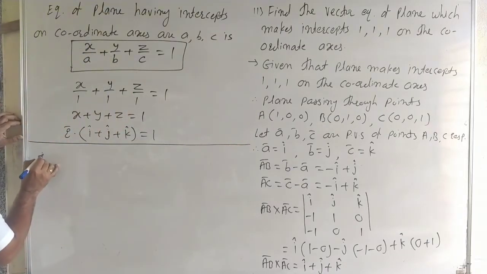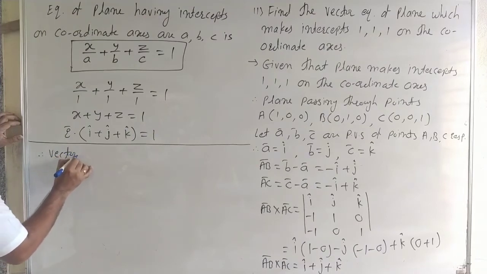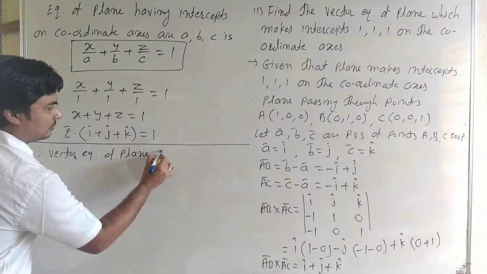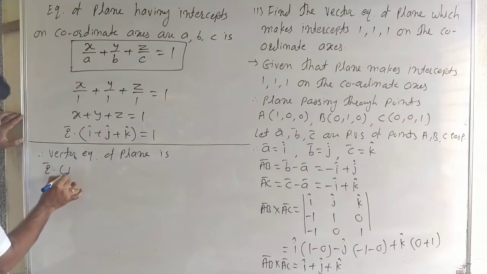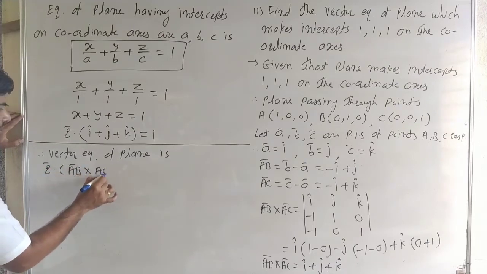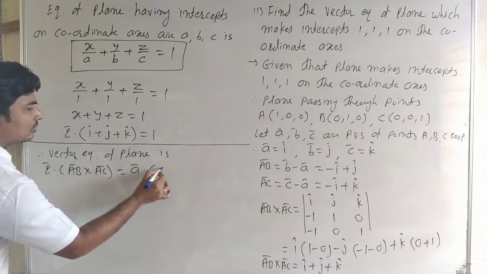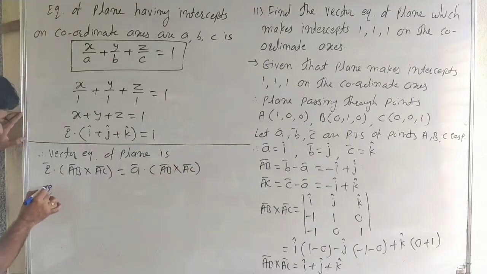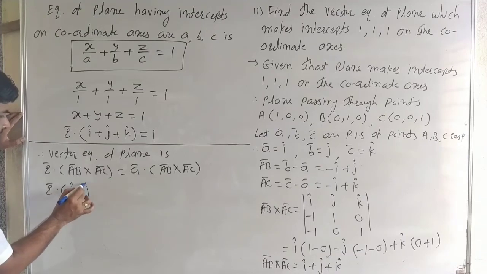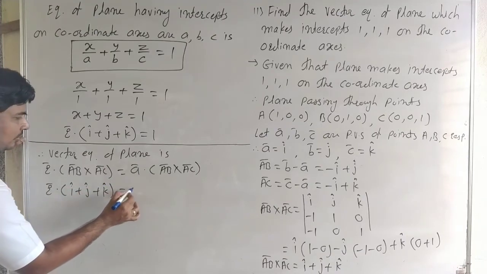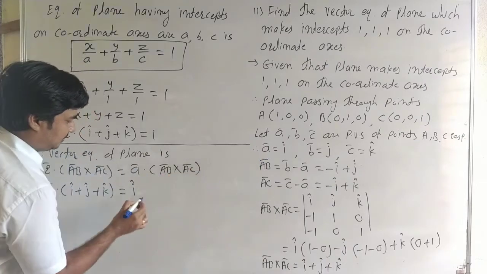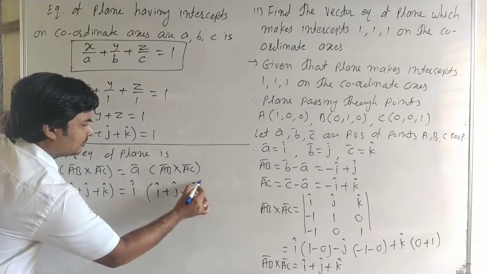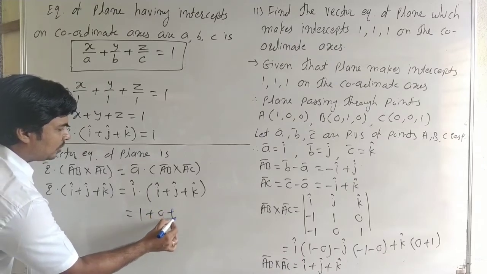Therefore the vector equation of plane is R bar dot AB bar cross AC bar is equal to A bar dot AB bar cross AC bar, and then R bar dot (I cap plus J cap plus K cap) is equal to I cap dot (I cap plus J cap plus K cap), a dot product 1 plus 0 plus 0, that is 1.